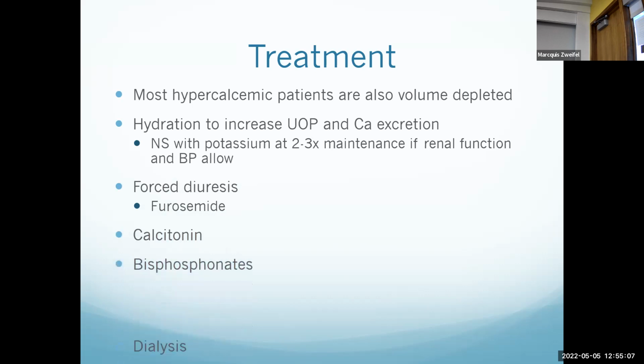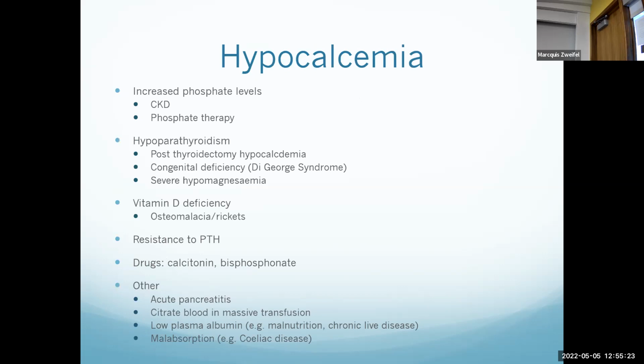Bisphosphonate can be used, and dialysis. Forced diuresis works pretty quickly. If they're obtunded, really hypercalcemic, or kidney function is not great so you're not able to achieve diuresis, there are times where you have to do dialysis for hypercalcemia, not often, but it happens.